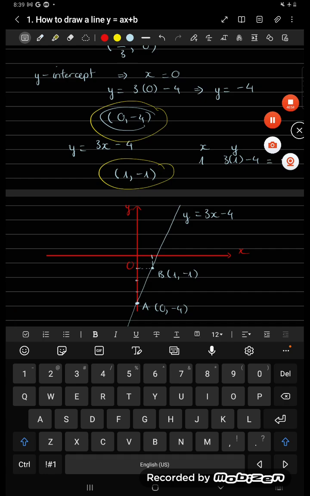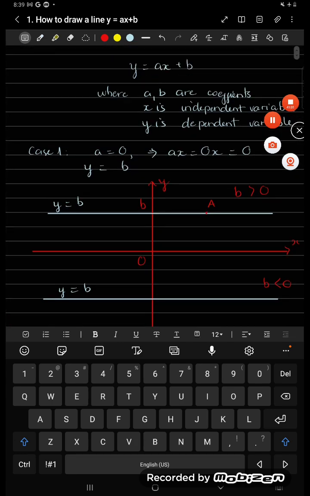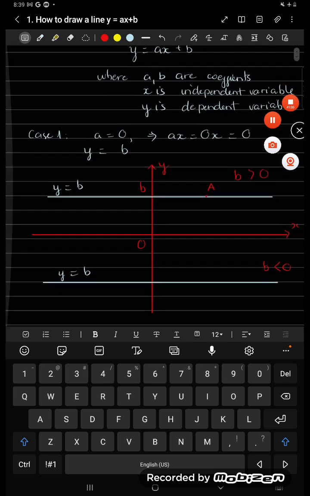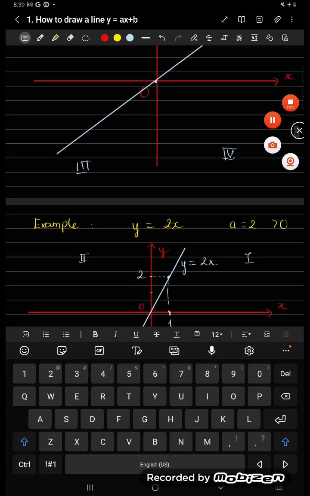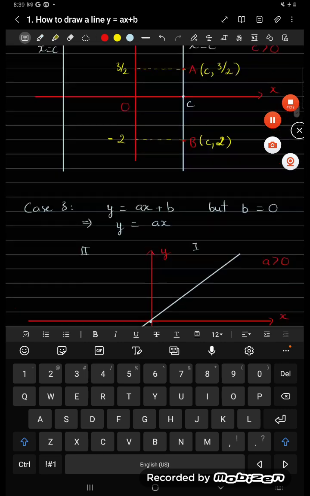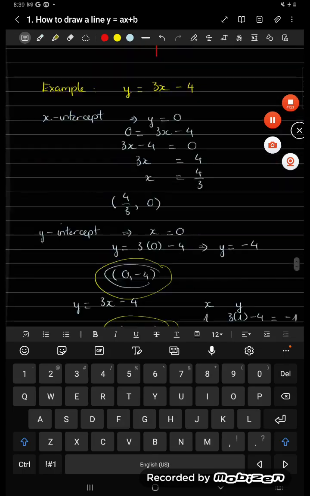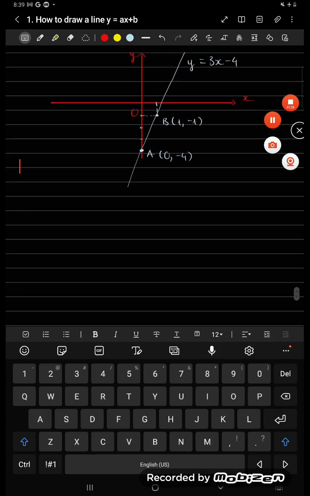Except for the two special cases above, y equal to b or x equal to c, which are a horizontal line and a vertical line, for a general equation y equal to ax plus b, we always need 2 points. Without 2 points, you cannot draw a fixed line.